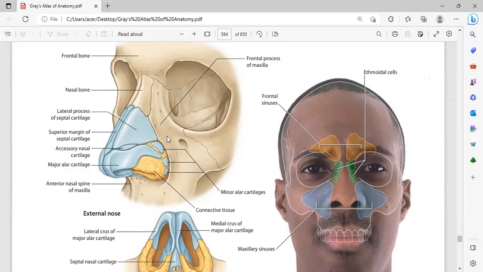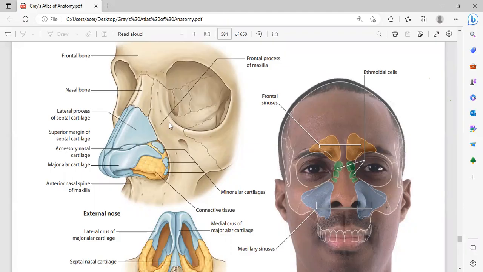So this is obviously covered by skin, and the skin has a nerve supply from the anterior ethmoidal nerve, the infratrochlear branch of the nasociliary nerve, and nasal branches of the infraorbital nerve.